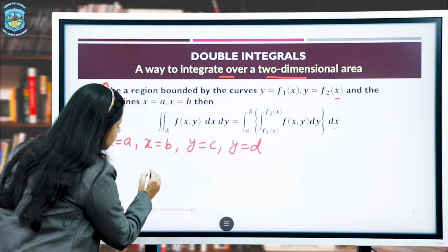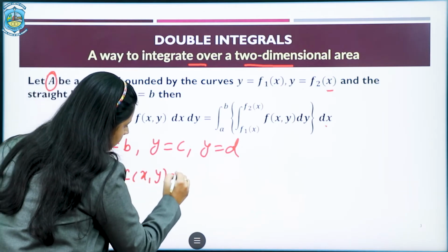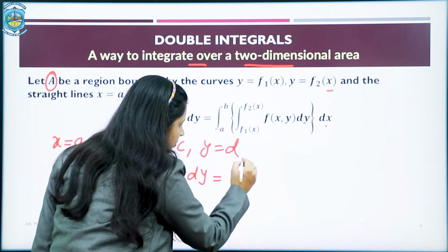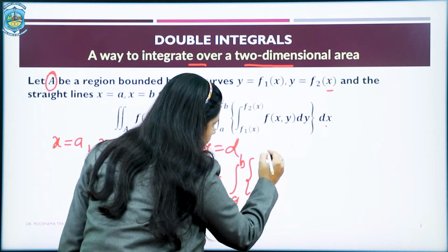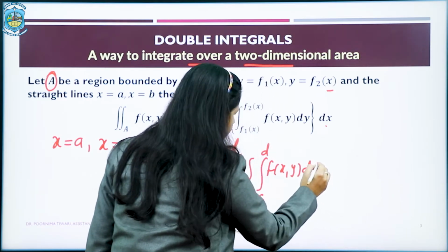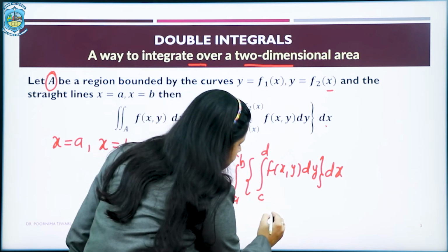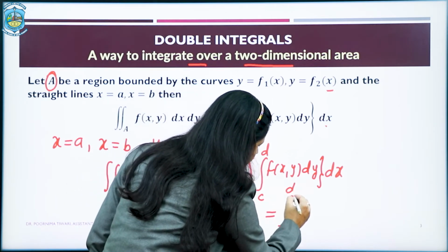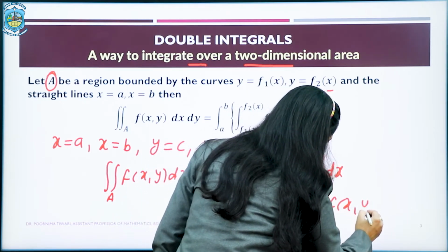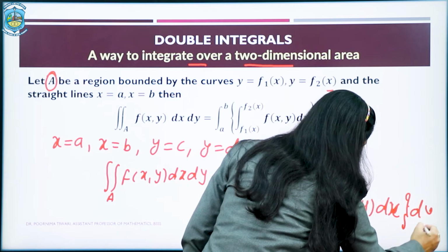It means this double integral is the integral a to b, then the integral c to d, of f of x, y dy and dx, and this integral is the same as the integral c to d, then the integral a to b, of f of x, y dx and then dy.